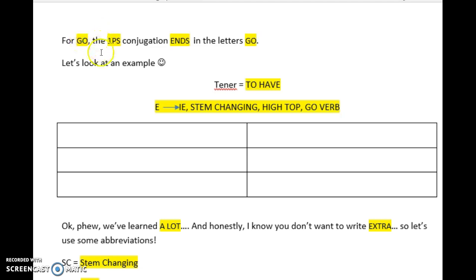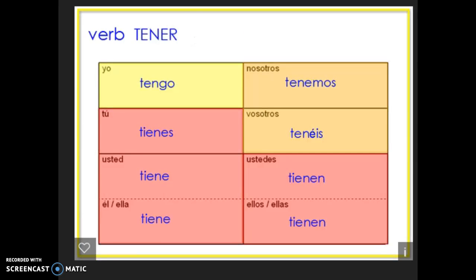Go verbs are when the first person singular ending or first person singular conjugation ends in the letters go, but there was no G in the original stem of the verb. Let's take a look at an example. The verb tener, meaning to have, is an E to IE stem changing high top go verb. Let's break that down.